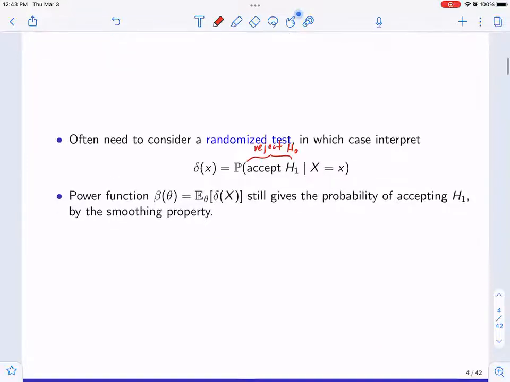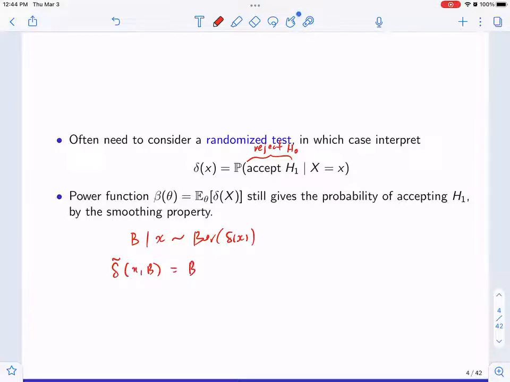To implement this, given x, you'd have a Bernoulli with probability delta(x), and then your decision rule would be delta tilde(x, b) equal to b.